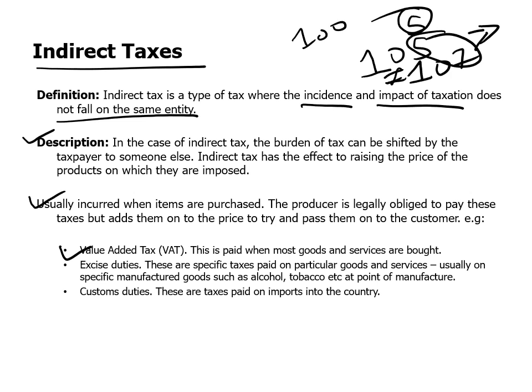Your excise duties are specific taxes for particular goods and services such as alcohol, and your customs duties. So when you import goods into the country, you pay a tax, and you could just increase the price of the final commodity, so the final customers who are buying these items pay the value of the tax.